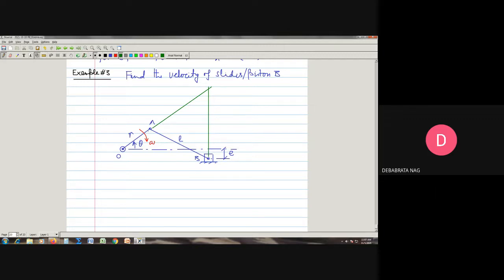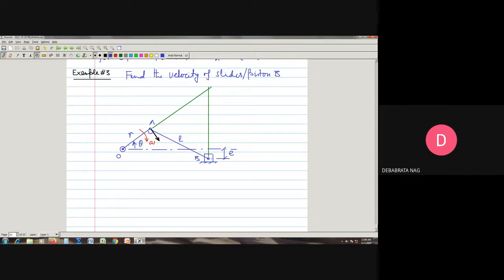Because we know that the velocity of point A at this point should be along this direction, which is going to be 90 degrees.